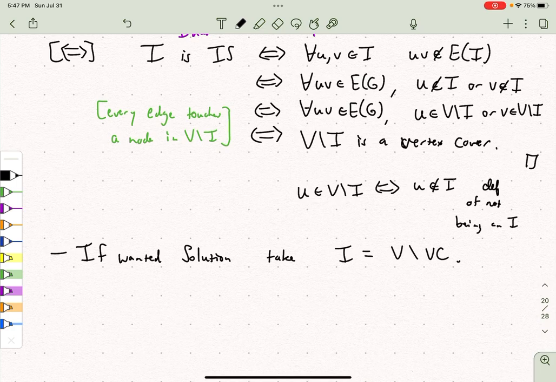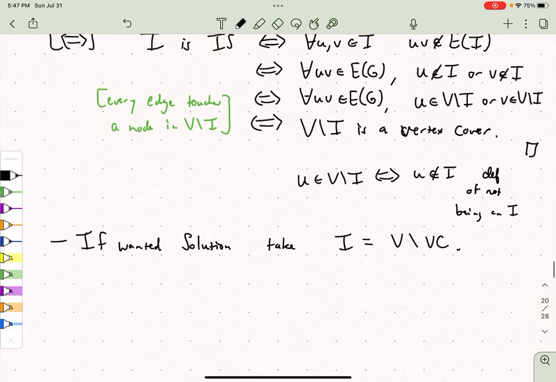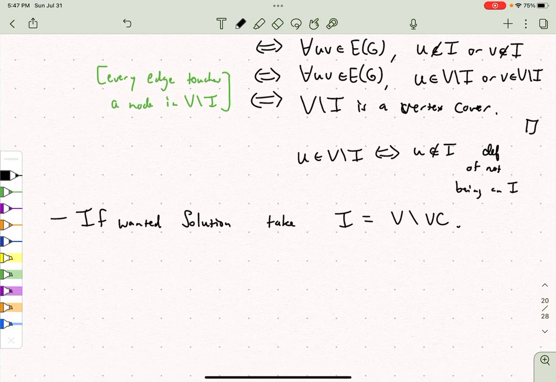But the takeaway is vertex cover is NP-hard, because a hard problem poly time reduces to it.